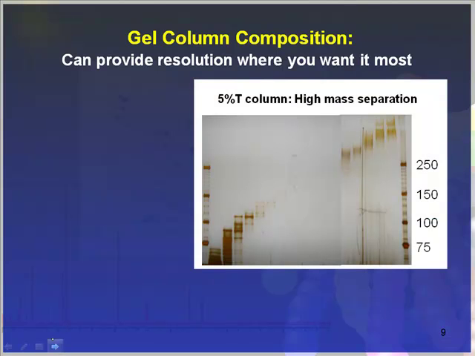But what you can also think about with that is that you can essentially provide the resolution where you want it the most. So if you're interested in collecting the large molecular weight proteins, you would do so on a low percent T column. This is a 5% gel, and you can see that we easily collect and trap proteins exceeding 250 kilodaltons.